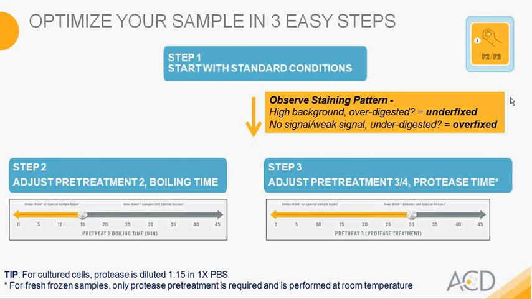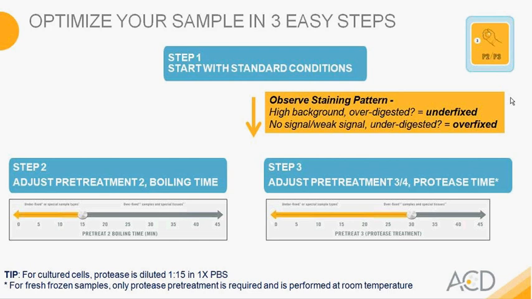If your samples are underfixed, in this case, we're showing a standard procedure where 15 minutes are required for boiling. You should reduce your pretreatment time. If the samples are overfixed, to access that target that you expect to be higher, you should increase your pretreatment too. This criteria is similar for pretreatment 3, only that the time we recommend for pretreatment 3 is 30 minutes.